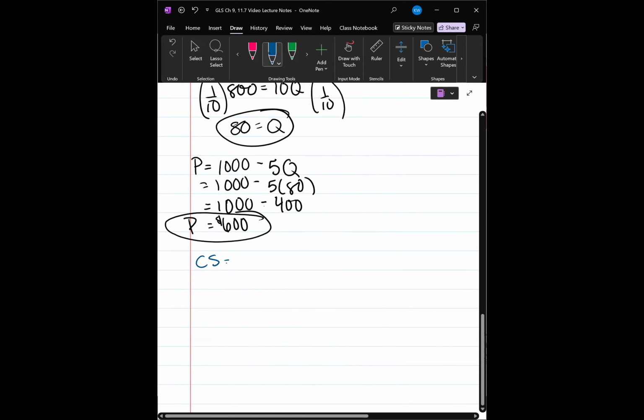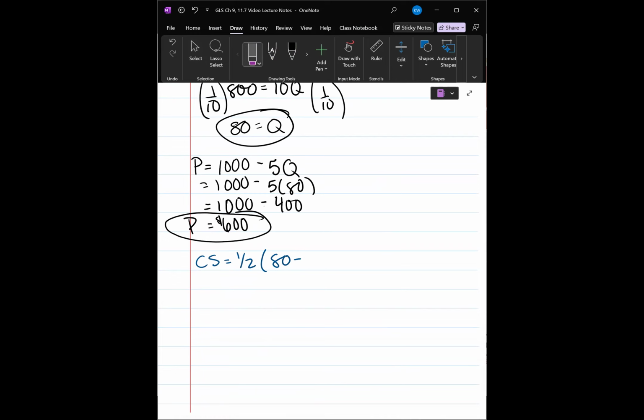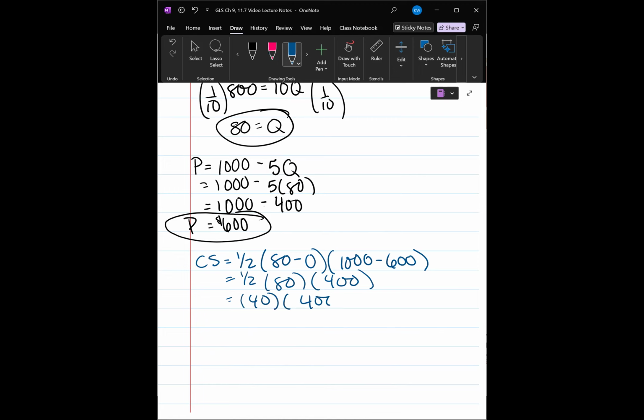So consumer surplus is equal to 1/2 times 80 minus 0, times the difference between the demand choke price and the price that the monopolist charges. Simplifying, we get 1/2 times 80 times 400. 80 divided by 2 gives us 40, so we have 40 times 400.